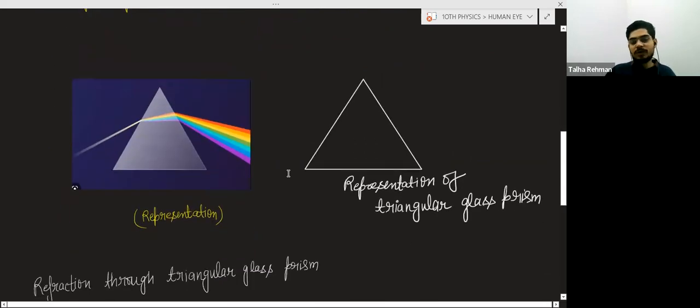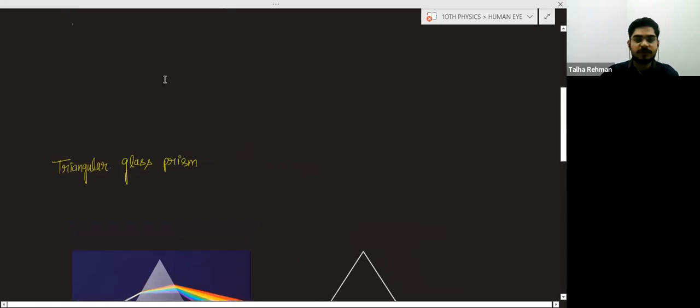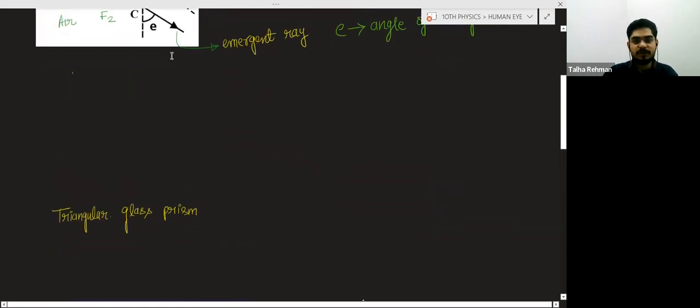So on paper, how will we show the glass prism? Like this. We draw only one triangle like this. And if you want to imagine it in 3D, it is better to draw like this.